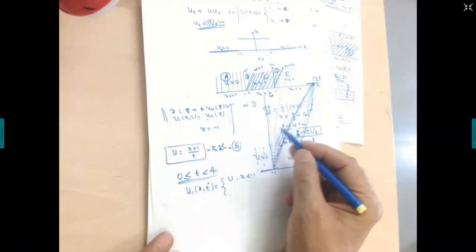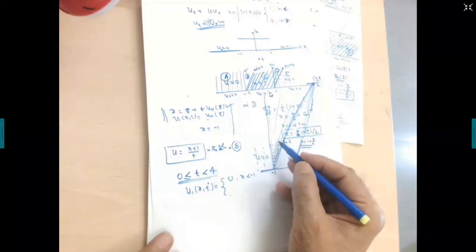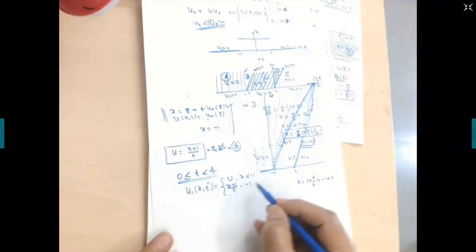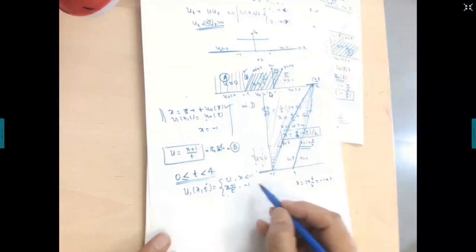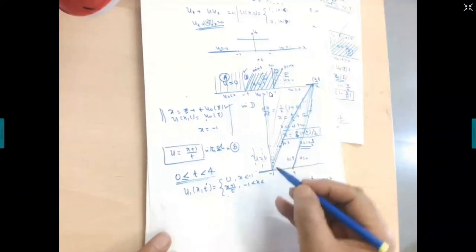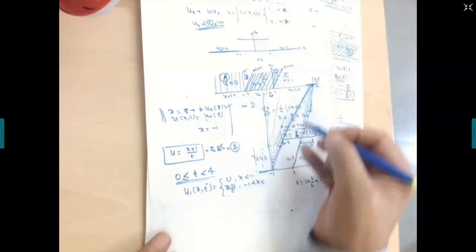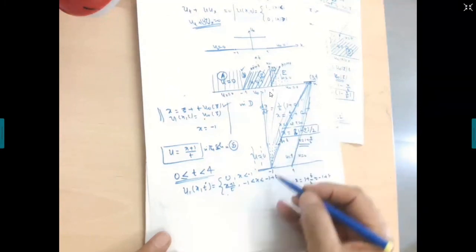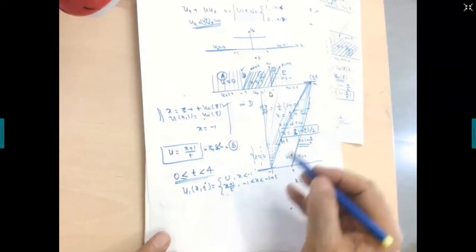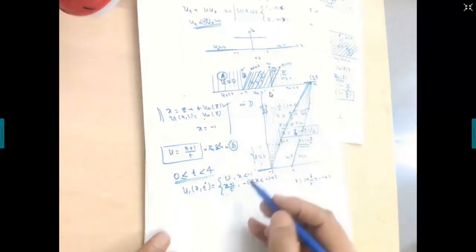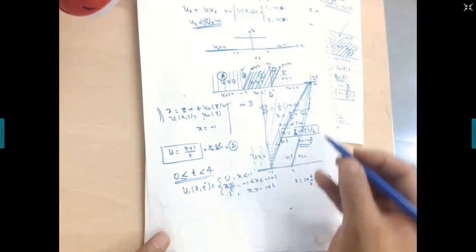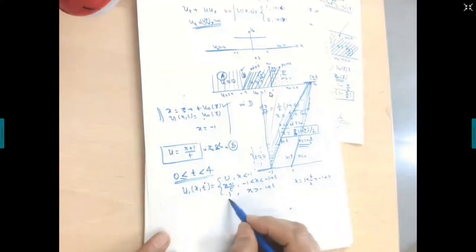In this region, we have obtained the solution x plus 1 upon t, when minus 1 is less than x, less than this line. What is this line? Minus 1 plus t. And in this region, the solution is a constant state, 1, when x is greater than minus 1 plus t. And beyond this, the solution is 0.